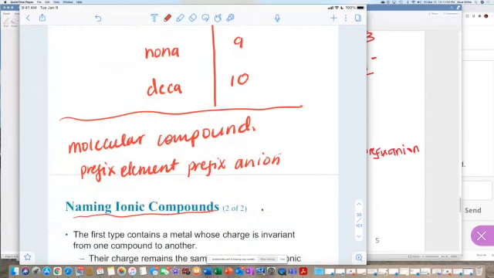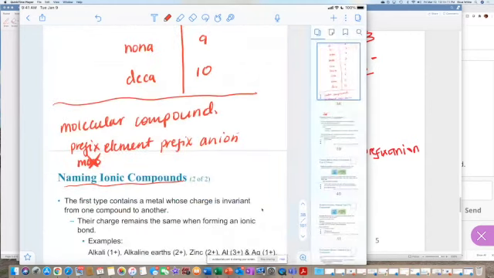Remember, if the first one is supposed to be mono, we will not include it. We will just leave it out. It will be implied.